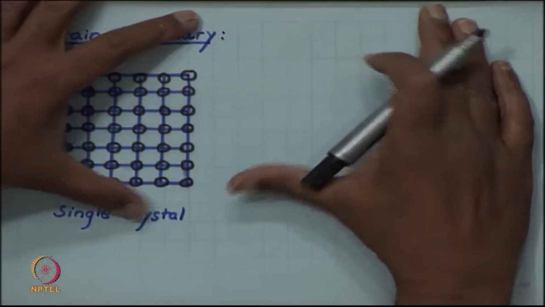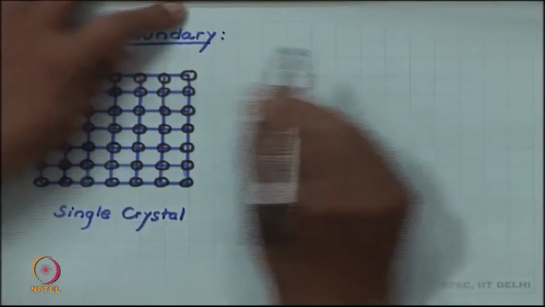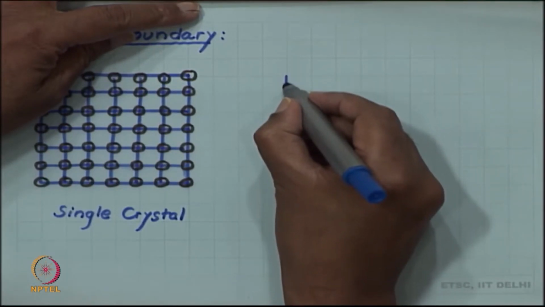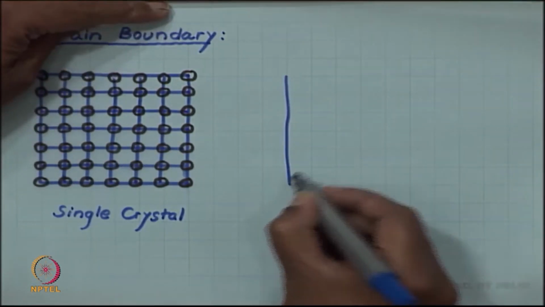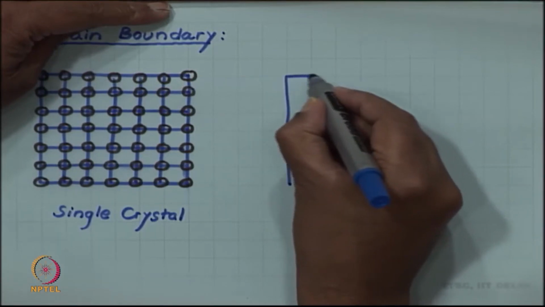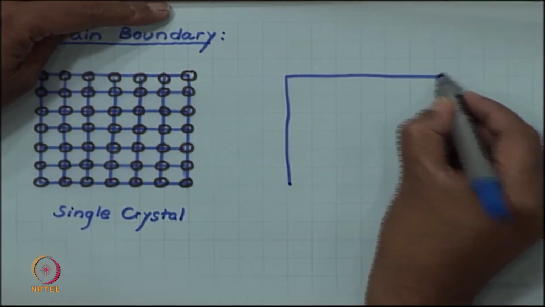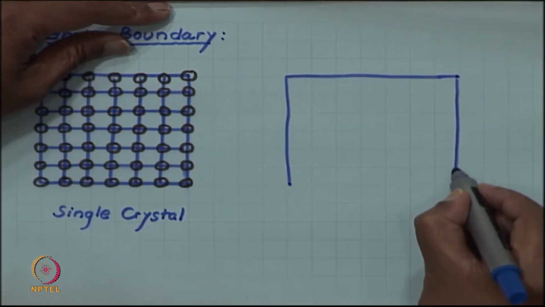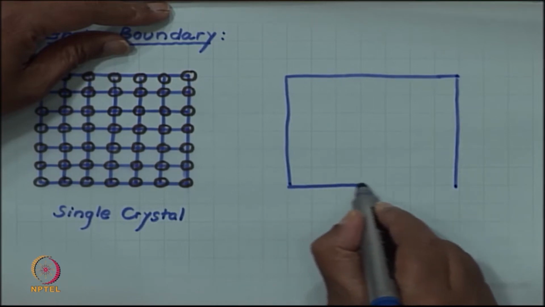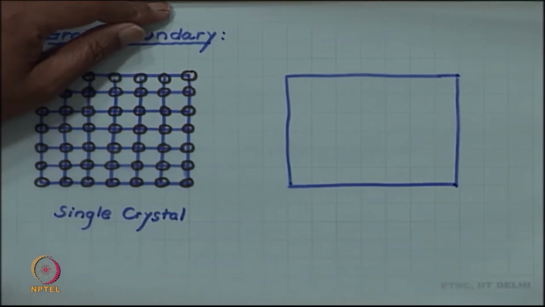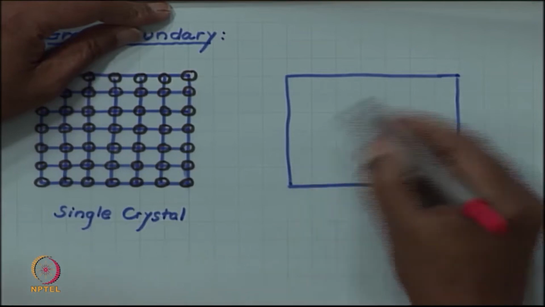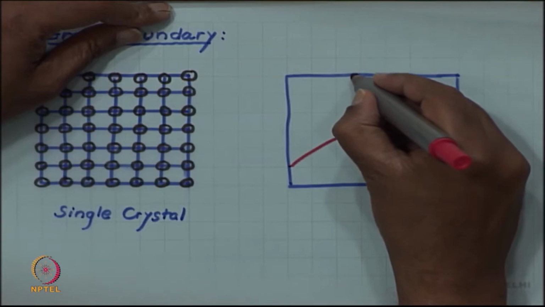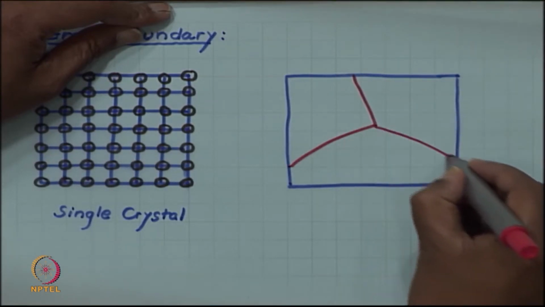So, let me try to now draw what will be meant by a polycrystal. Again I draw my sample box. This is the external face, but this sample I divide into more than one region by some lines.